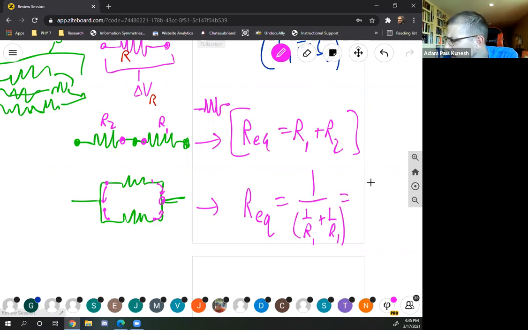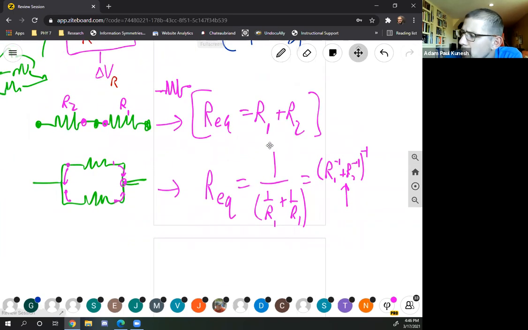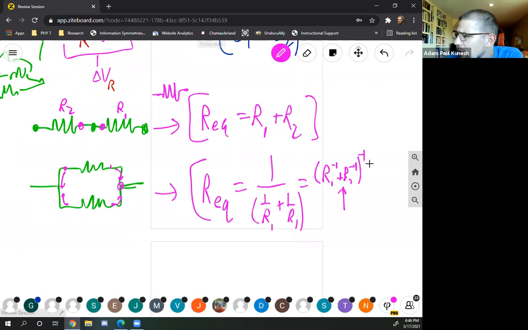Or another way to say this is (R1^-1 + R2^-1)^-1. I think the fraction form is prettier, since you have to remember all your -1s otherwise. Okay, so those are series and parallel resistors.